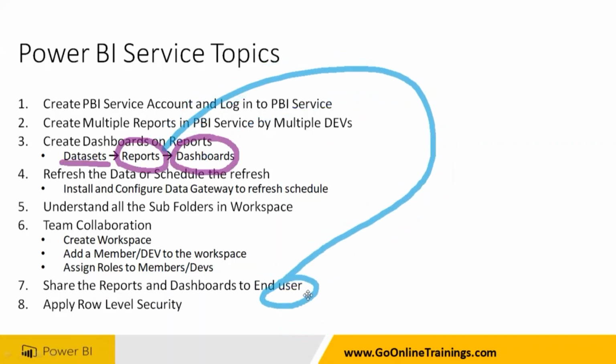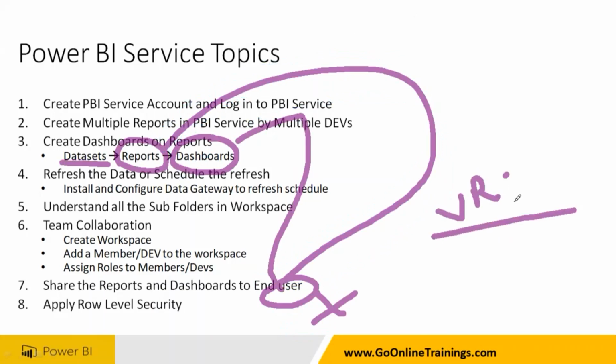So how are you going to share? You have to give the Power BI service URL. Using this URL, he can easily get into the Power BI service, a cloud server, and view the report online. Or he can download the report, or we can also schedule a report.